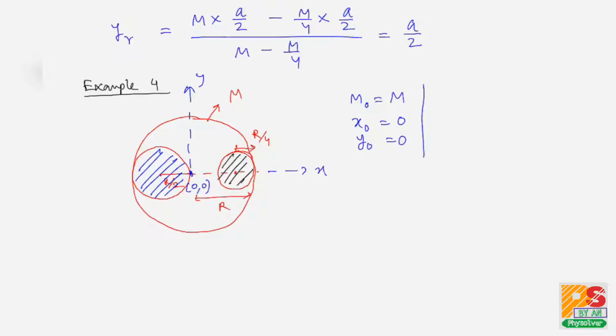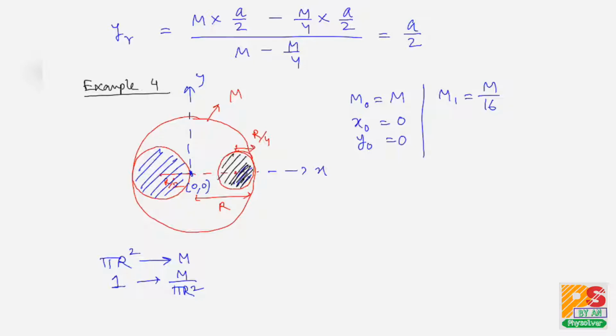For the black portion, this one, I can say, what will be the mass? Yes, I hope you can guess it. The mass of this portion is m by 16. Why? Because the entire disk has area pi r square. Mass of pi r square is m, so mass of unit area is m by pi r square.